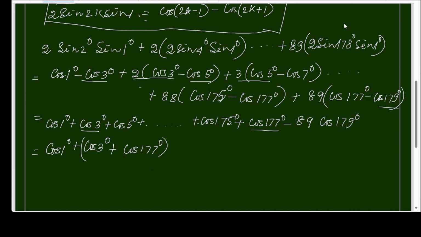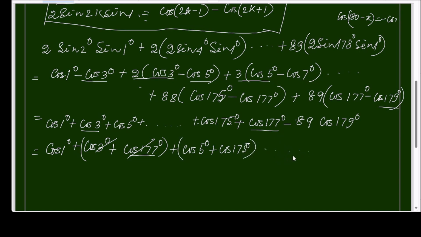If you recall, cos 180 minus x is equal to minus cos x. So this will be nothing but minus cos 3 degree, so this will be cancelled. Similarly, cos 5 degree plus cos 175 will give you 0, and so on.